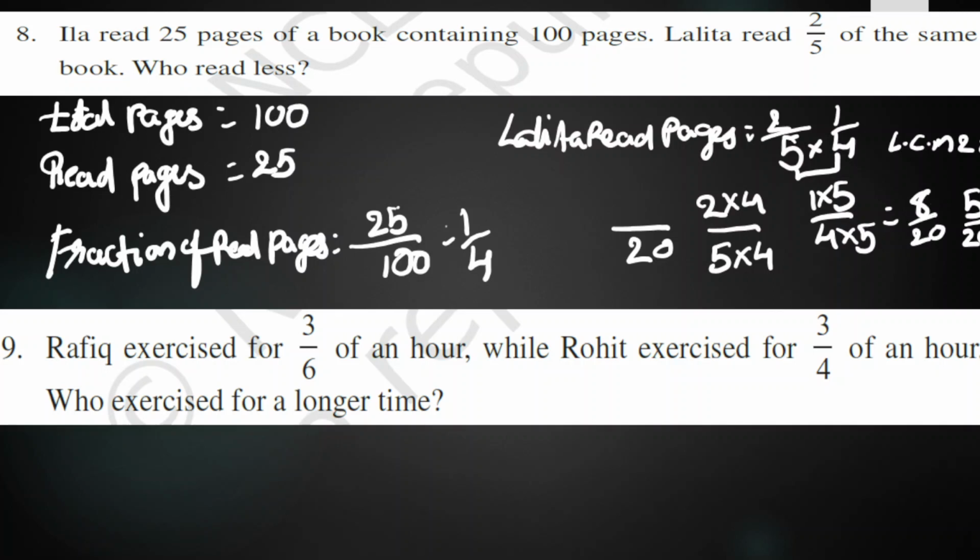Now 8 is greater than 5. So this is 2/5 Lalita read and 1/4 Ella read. So 5/20 is less, so Ella read fewer pages.